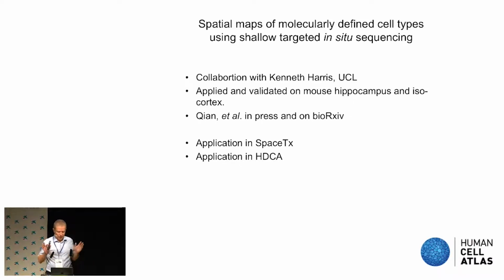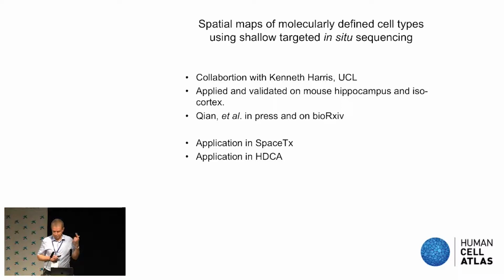Right. So how do we then spatially map molecularly defined cell types using shallow targeted in situ sequencing? This is an approach we have developed in collaboration with Kenneth Harris at UCL. And it's a probabilistic approach where we try to match the data we generate in situ with the expectations from the single-cell RNA sequencing data.